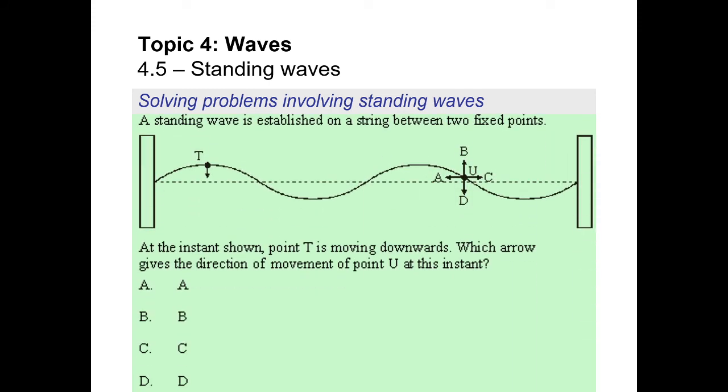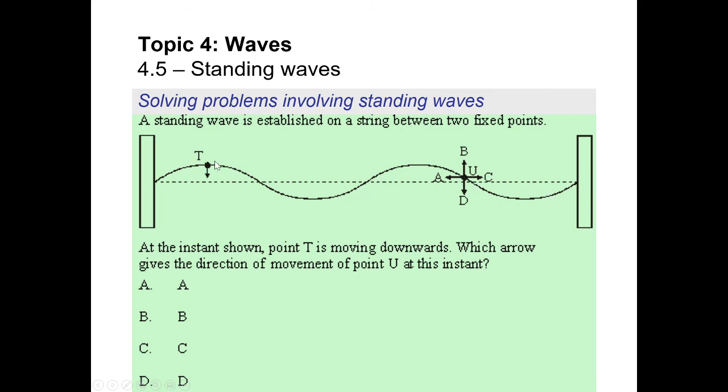Okay, next. A standing wave is established on a string between two fixed points. At the instant shown, point T is moving downwards. Which arrow gives the direction of movement of point U at this instant? Well, standing wave, these nodes, they're not moving, right? So this trough here will become a crest. This crest will become a trough, right?